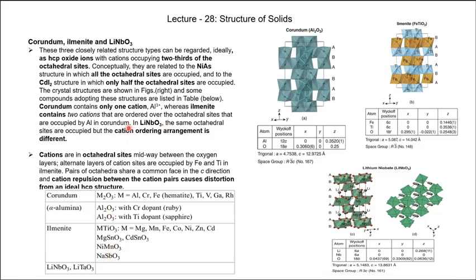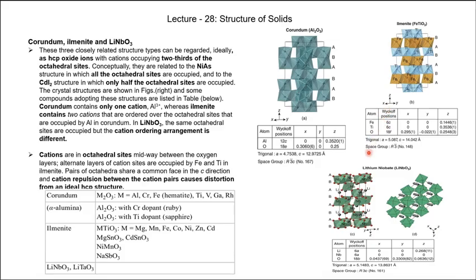And we have also discussed about the cations and how they are positioned and how they are ordered. So lithium niobate, the same octahedral sites are occupied, but the cation ordering, the arrangement, is different. That's why you call these three structures very much related to each other.